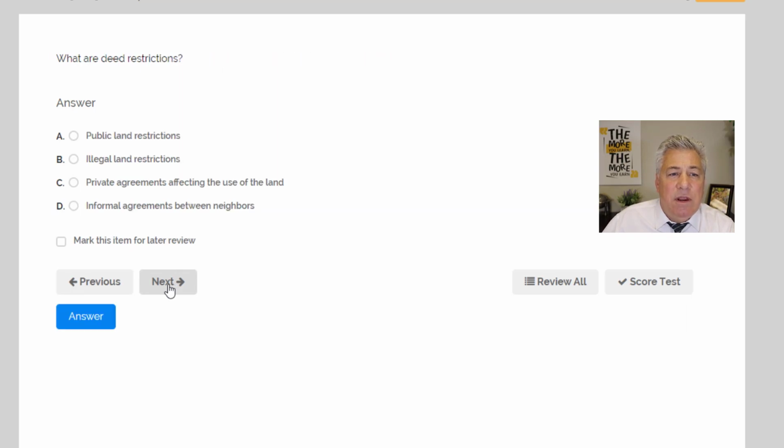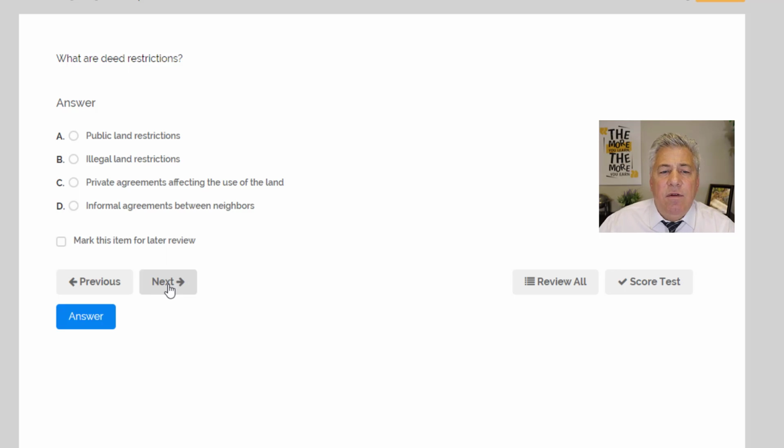Exam prep question number 15. What are deed restrictions? A, public land restrictions. B, illegal land restrictions. C, private agreements affecting the use of the land.